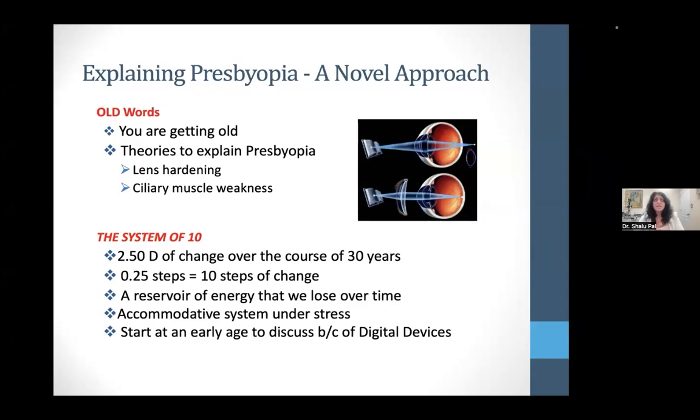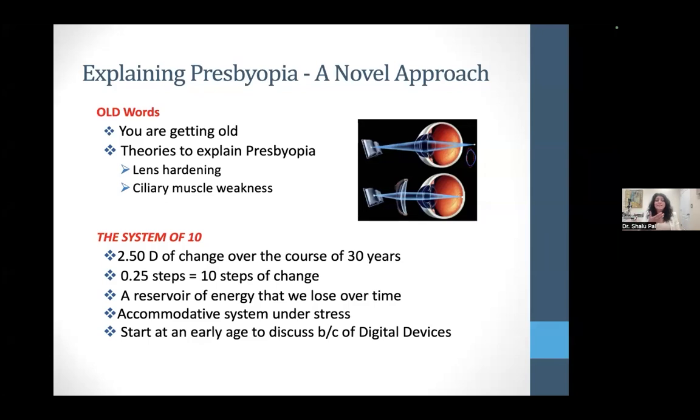What that is, I sat back and said, okay, what is a full presbyope? A full presbyope is someone that needs plus 2.50 diopters of power in front of them in order to see up close. So 2.5 diopters broken up into quarter diopter steps.